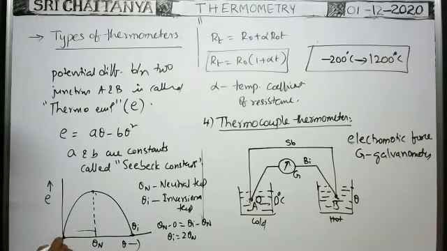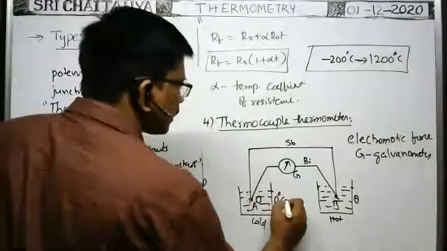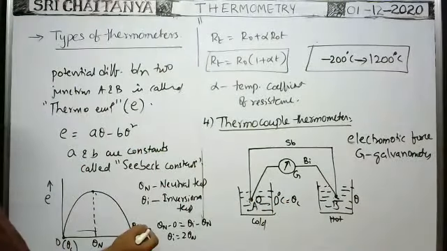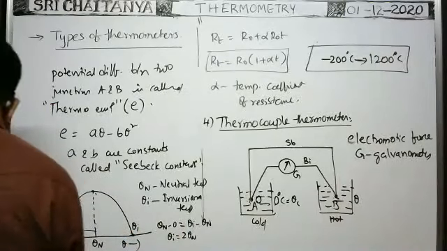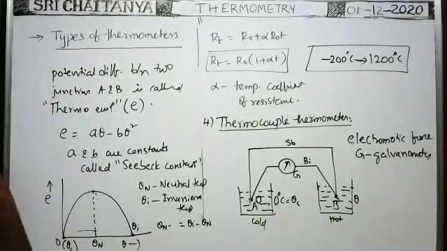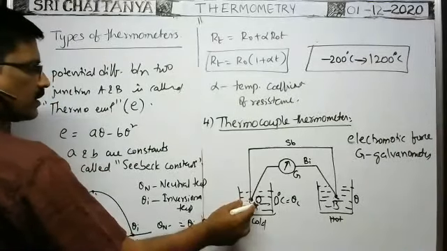Here 0 degrees centigrade is the temperature of the cold junction, theta C. Instead of 0 degrees centigrade, in general we can write theta C, since sometimes the temperature of the cold junction is not 0.